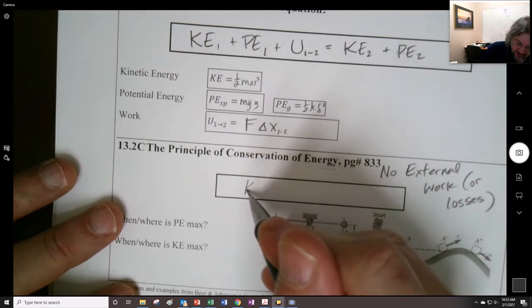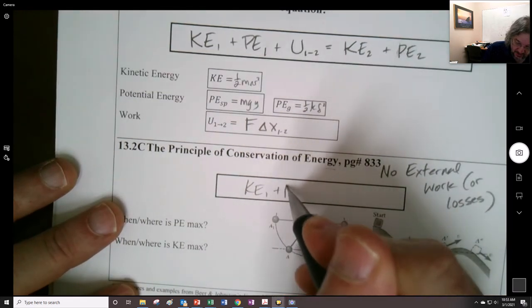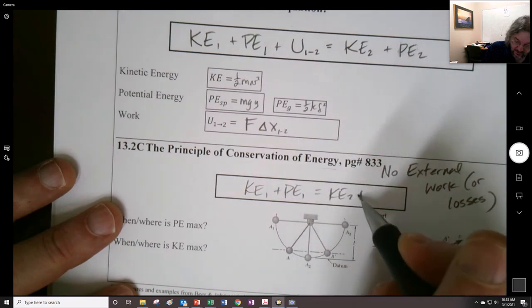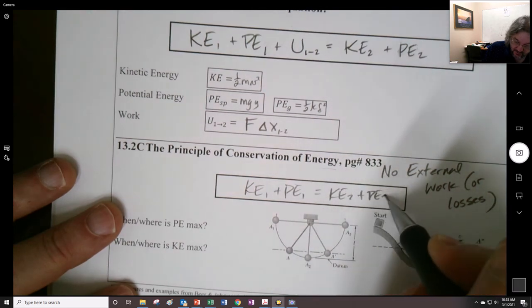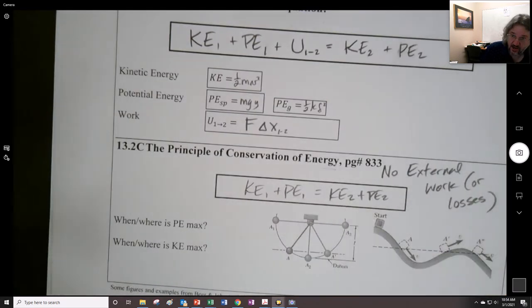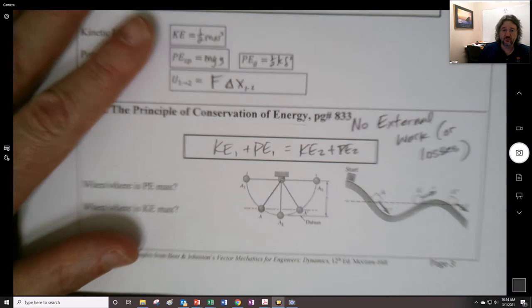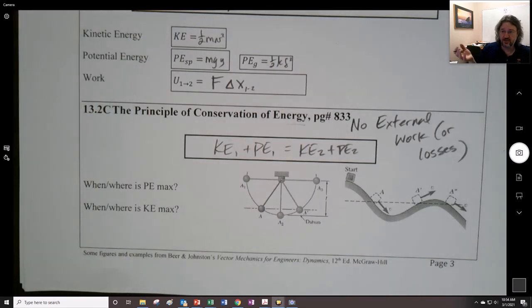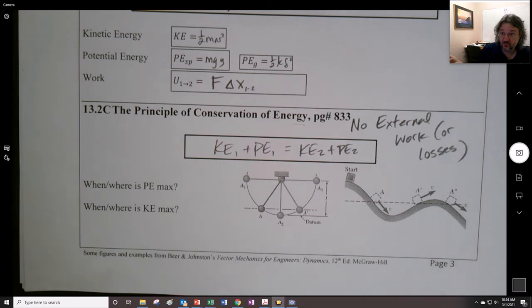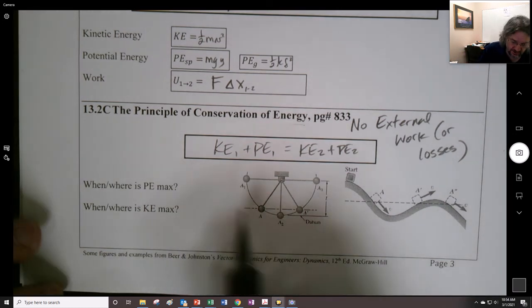And so that's just simply KE1 plus PE1 is equal to KE2 plus PE2. And so there's a trade-off. There's a balance going back and forth between this kinetic energy and potential energy. Especially when there's no frictional losses, there's no force coming from the outside and pushing onto the thing.